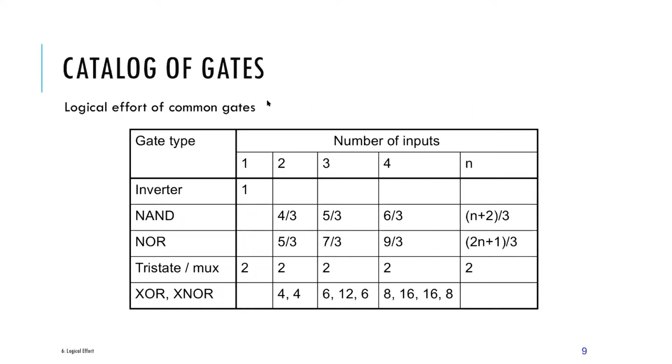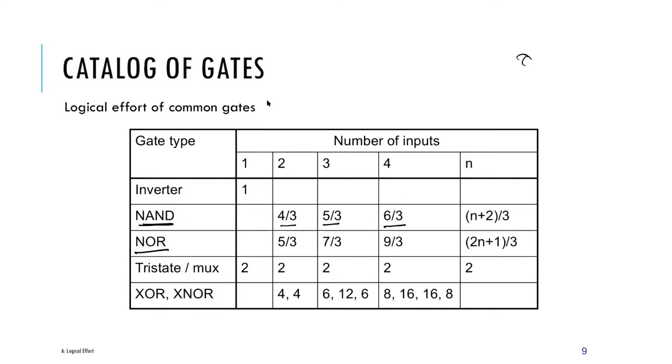Thankfully, unless I ask you guys to derive this during a test or something like that, anytime you have an appropriately sized NAND gate, if it's a 2-input, the G is going to be 4/3, 3-input 5/3, and so on. It's dependent on the topology. So it doesn't depend on the process because you basically take these numbers and multiply them by tau, the time constant of the process. Okay, and same with the NOR.